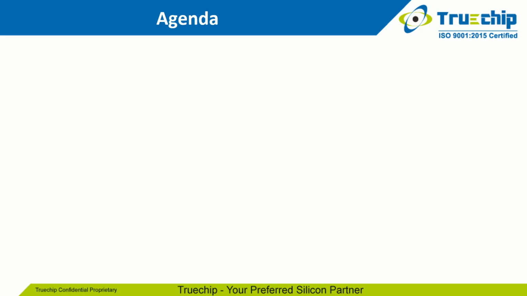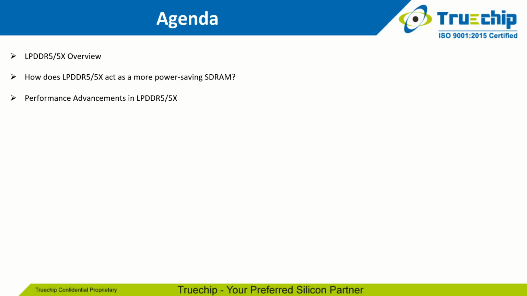In today's webinar, the agenda is as follows. First, we will discuss LPDDR5 and 5X overview. Then, how does LPDDR5 5X act as more power-saving SDRAM? How does LPDDR5 5X achieve performance advancements? We'll discuss LPDDR5 5X memories in terms of power efficiency and sustainability, talking about applications of LPDDR5 and 5X.